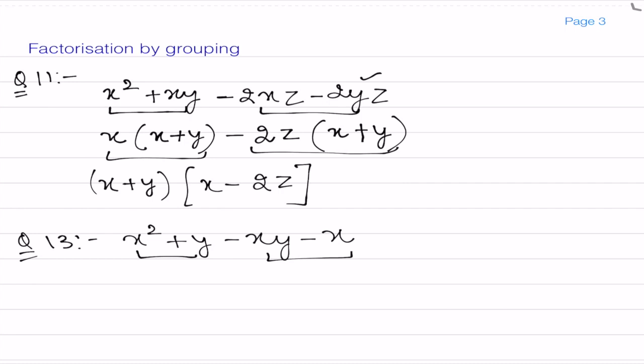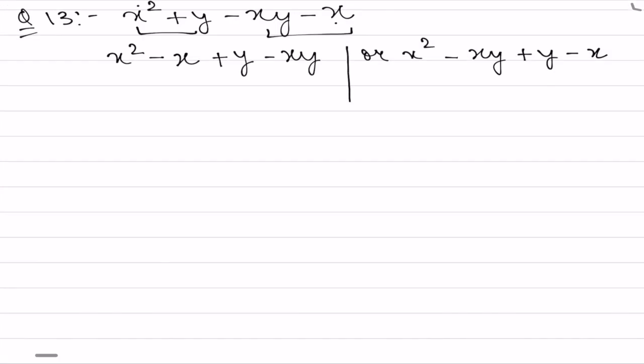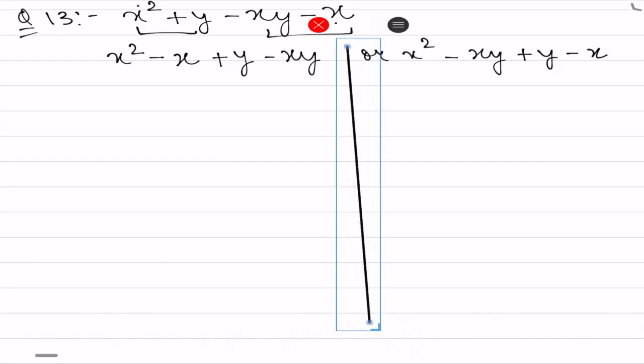I will take x square minus x, the first and the last term brought together, plus y into x minus y. Or you can take x square minus xy plus y minus x. Both the methods are correct. I will explain both.